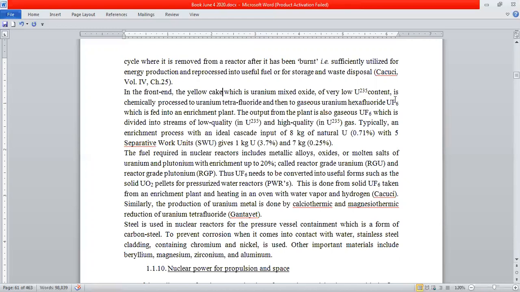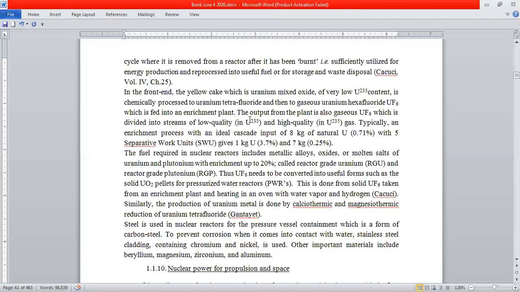Now, UF6 is a gas, and you can enrich it. In other words, you can increase the U235 content because in natural uranium, it's only 0.7%, which is U235, and 99.3% is U238.